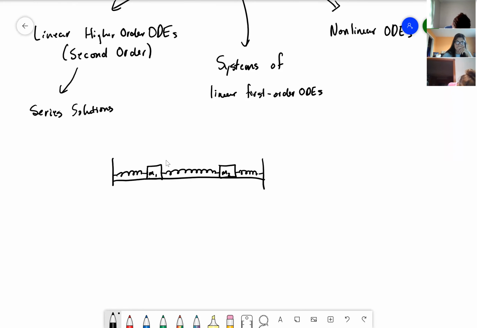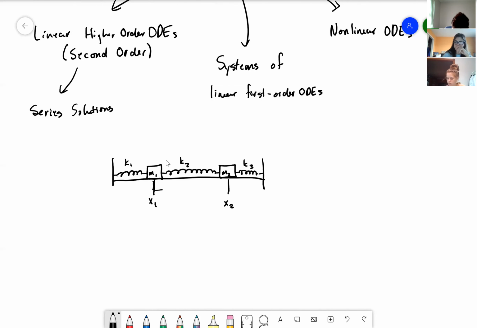you enjoying my drawing skills? They're attached to the walls by springs. All of these springs have their associated spring constants, K1, K2, K3. We'll call this equilibrium position X1, this equilibrium position X2.